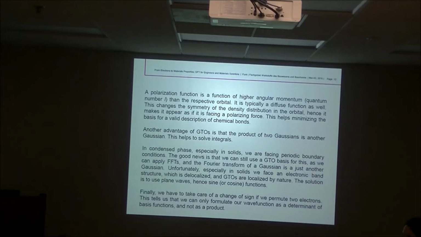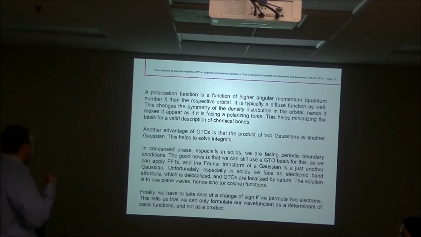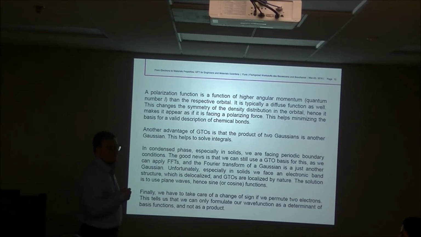Right? And so on. It's not easy to see here, but in principle what you have here is localization as well. And they are periodic by nature. So in the condensed phase, this may be a much better idea than using Gaussians.